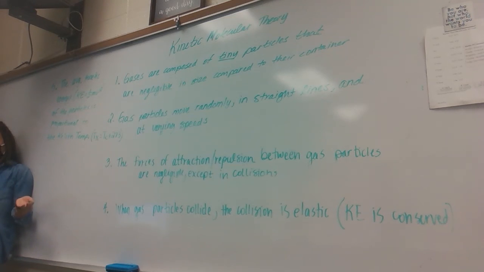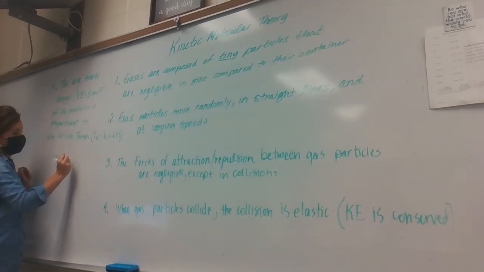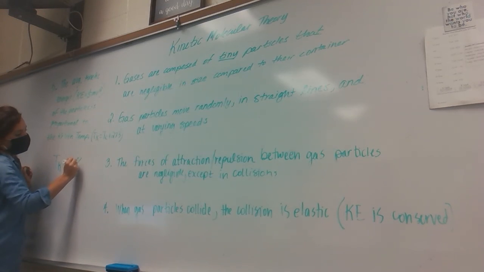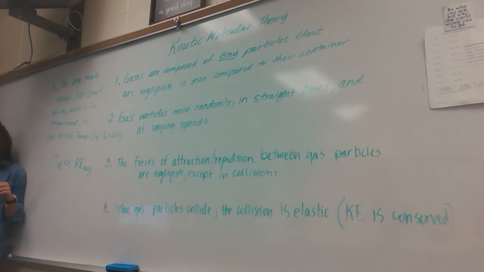They're not equal, they're proportional. So the temperature in Kelvin is proportional to the average kinetic energy. Faster particles, higher temperature. And for gases, we only use Kelvin because we're talking about kinetic energy. Having a negative temperature implies negative kinetic energy, and that's not something we can have.